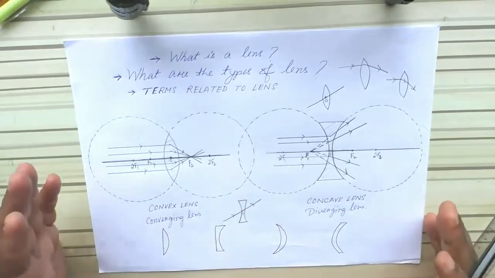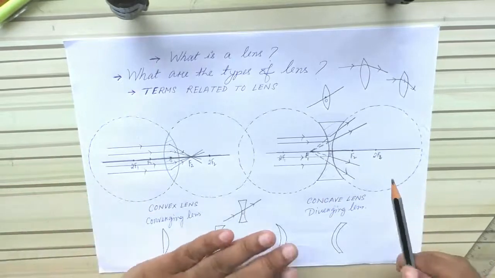So I discussed 5 important terms in total. First is center of curvature.